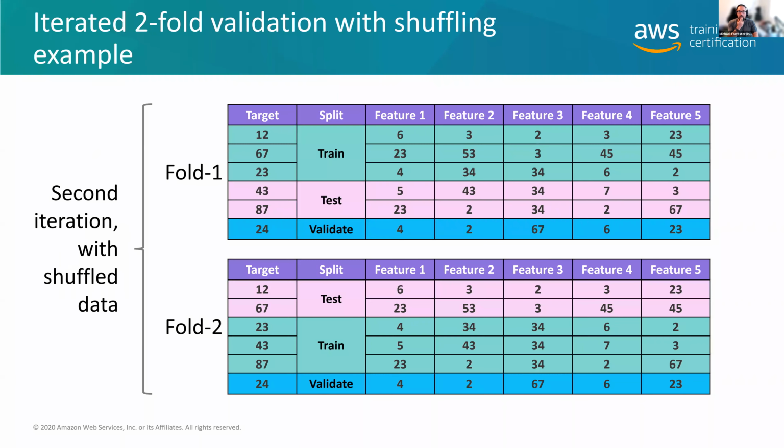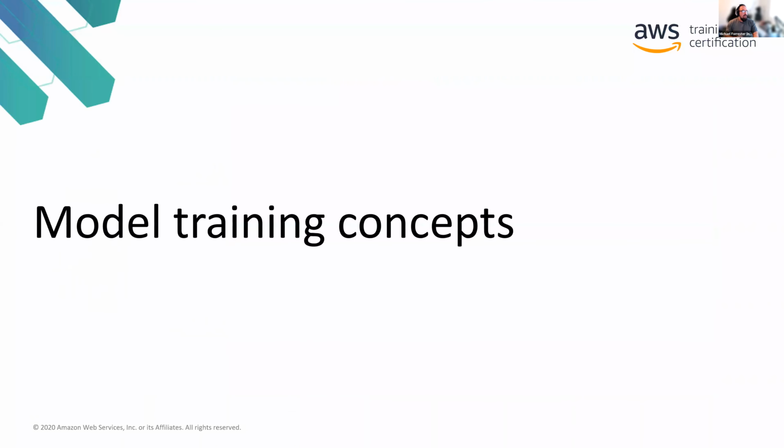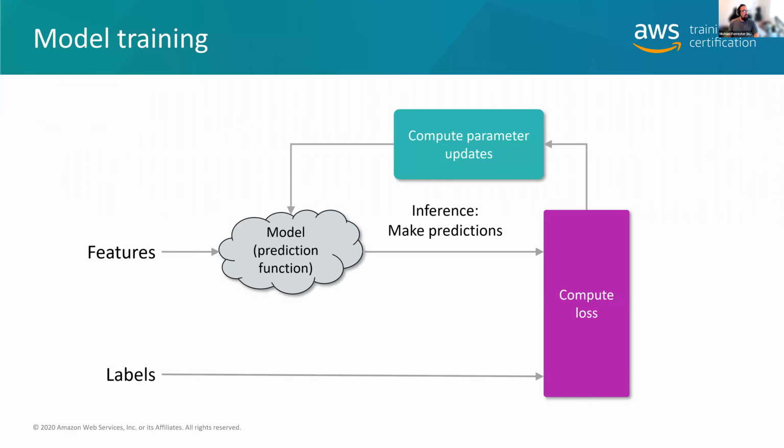Good. Okay. So let's talk about some model training concepts. You're ready for model training, and during training, what's happened is that your parameters or weights inside your algorithms have been updated, right?